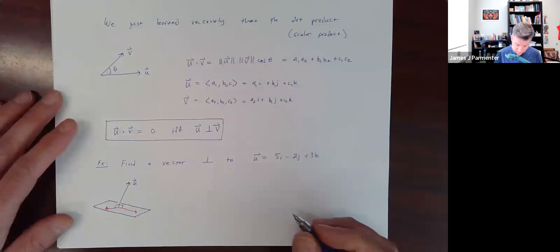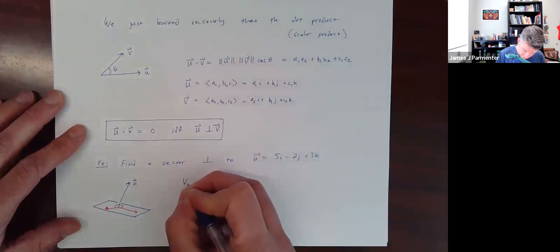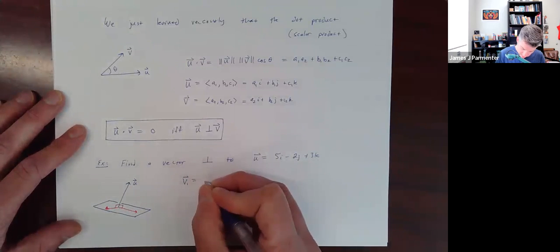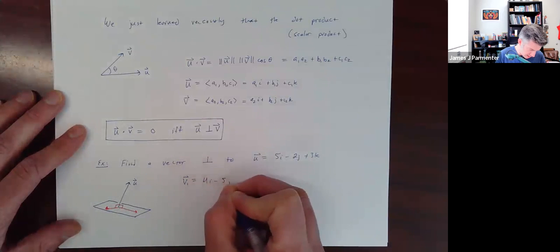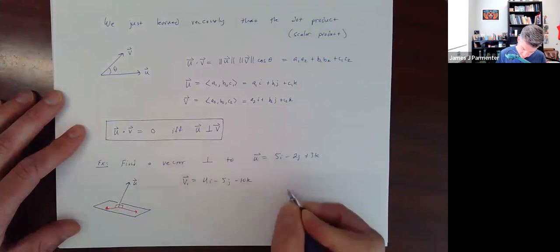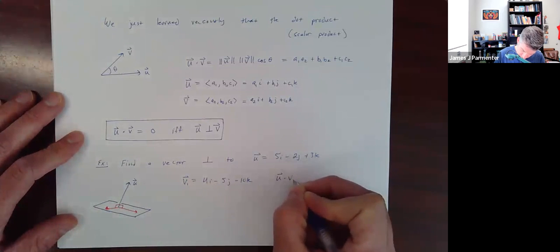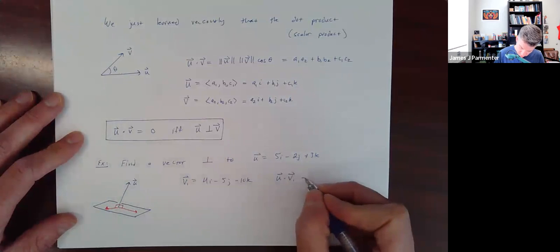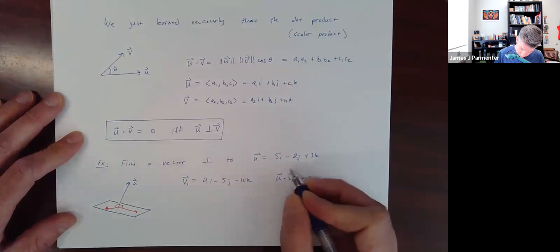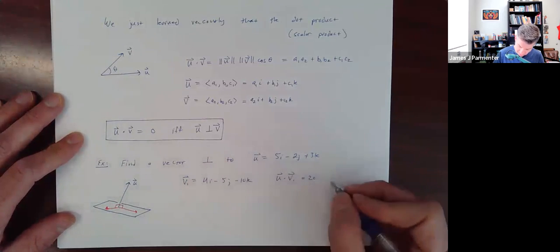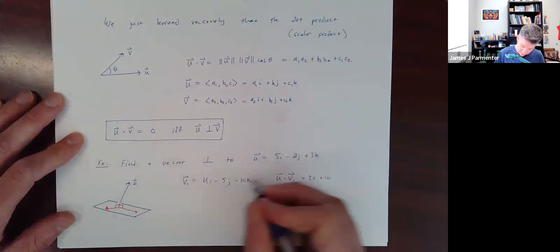We can come up with a lot of things. For example, v1 could be, I don't know, 4i minus 5j minus 10k. If you dot those together, u dotted with v1 is equal to 5 times 4 plus negative 2 times negative 5 is 10, and then 3 times negative 10 is minus 30.